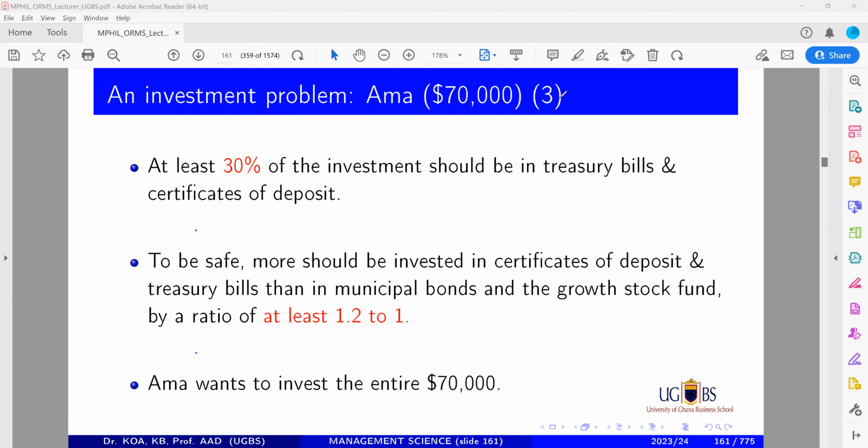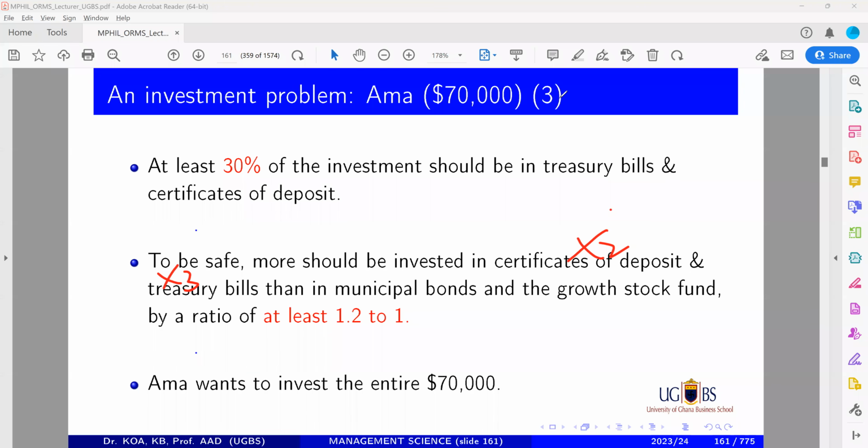more should go into the CD. It's like an advisor is telling Amma. What symbol is the CD? X2. So guys, this symbol should be on top of you whenever you're doing some of these things. What symbol is TB? X3.